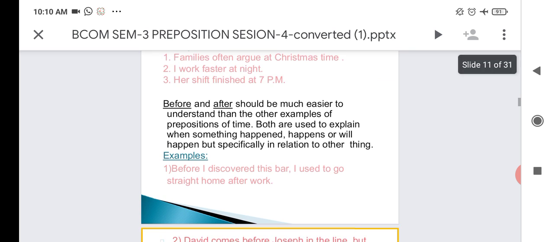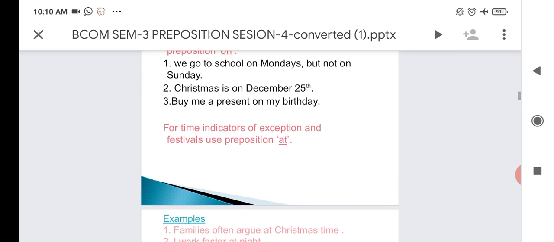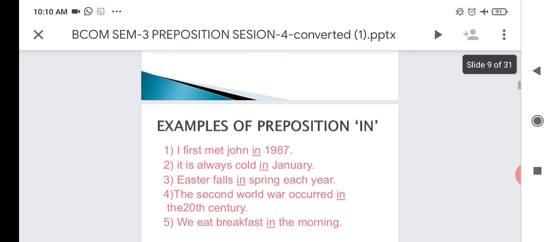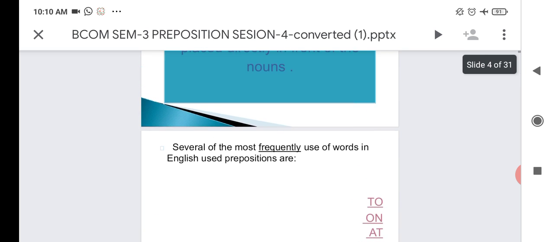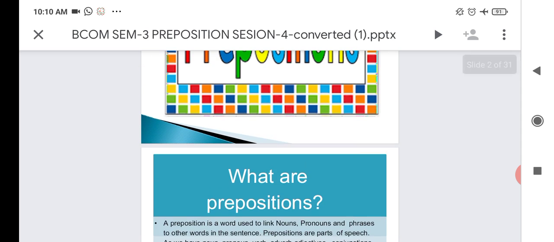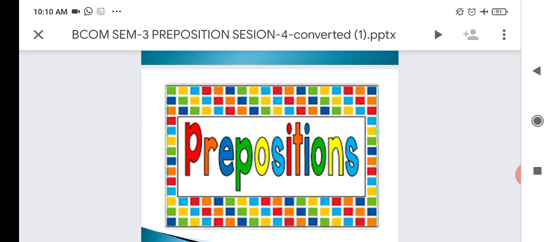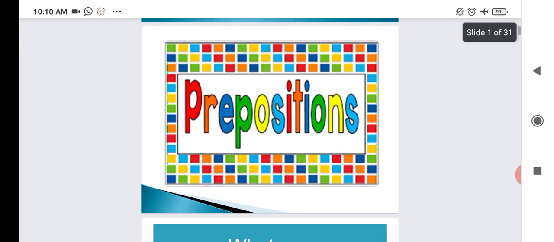So, girls, if you have observed, then we completed the preposition of time. Let's revise from the beginning. My better suggestion for you girls is, whatever we started from the beginning, just revise it.